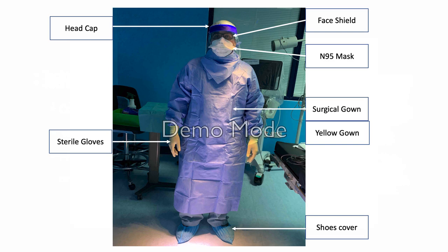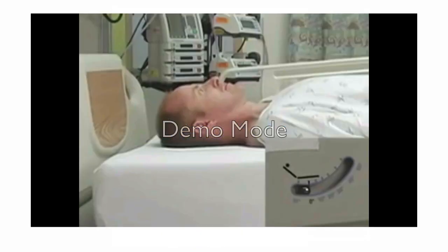The sterile gloves, of course, and the shoe covers. Okay, with this video we'll go step by step from the sterilization of the skin till the insertion of the catheter.